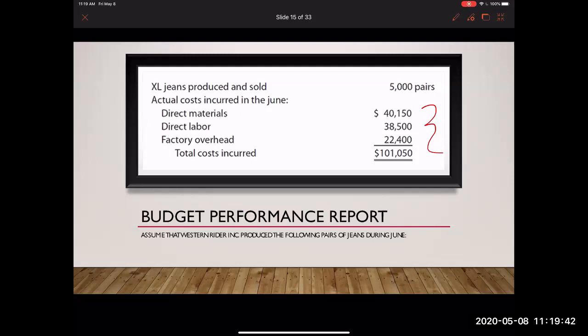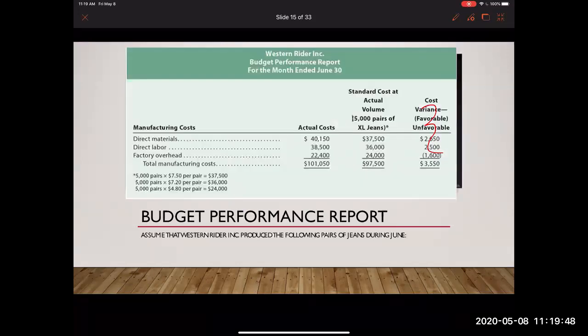This is what actually happened, but let's look at what should have happened for a budget of 5,000 pairs of jeans. On this screen, it now shows us our actual versus a budget for these extra large jeans. And now we're doing the actual comparison. We have all of our manufacturing costs, which is our direct materials, direct labor, and factory overhead.